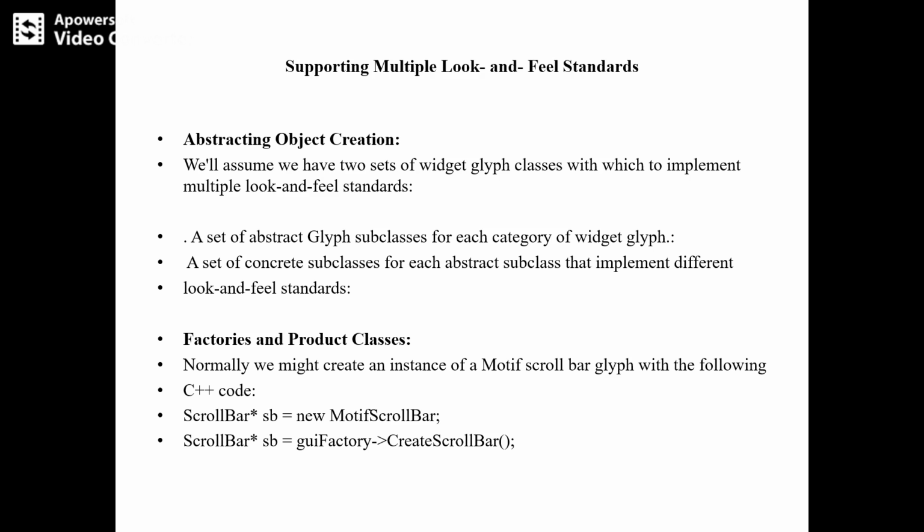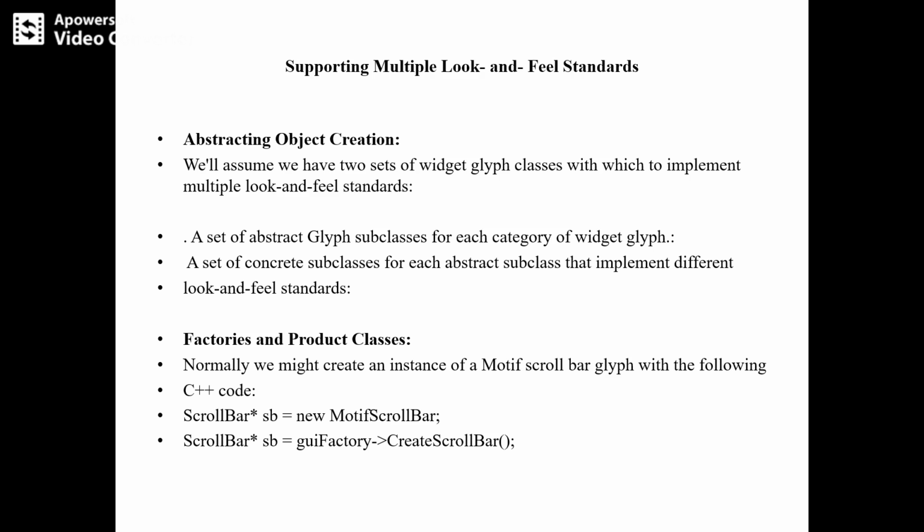Normally, we might create an instance of a Motif scroll bar glyph with the following C++ code. This is the segment of code we have taken, for a better illustration of abstracting the process of object creation.